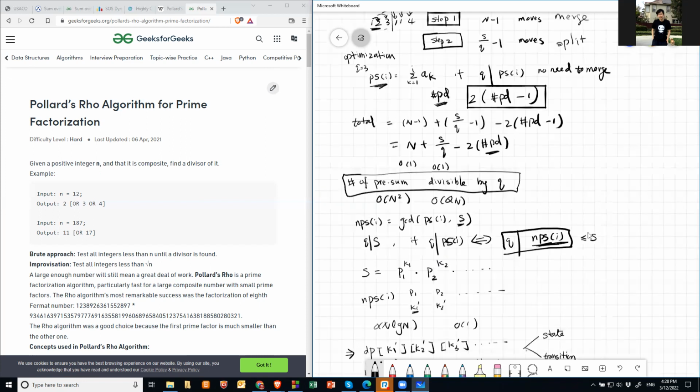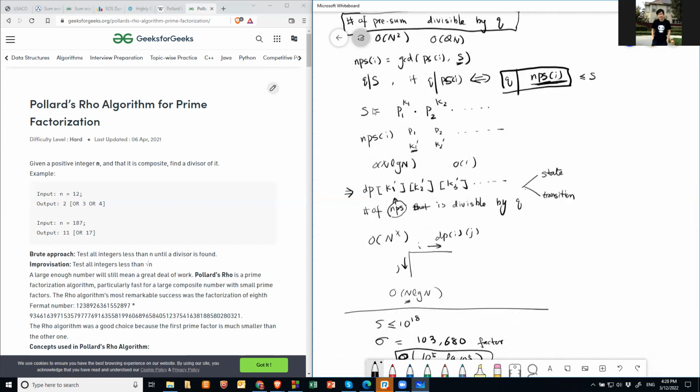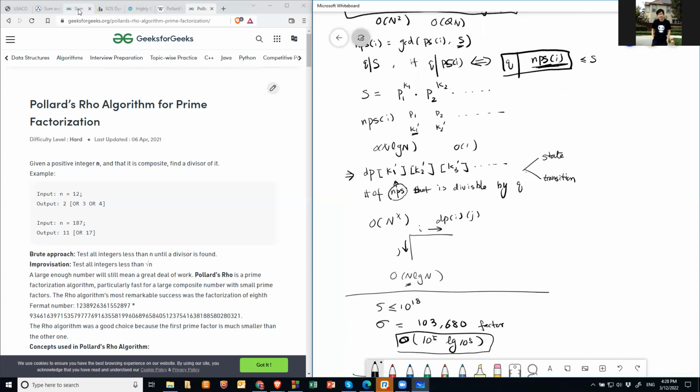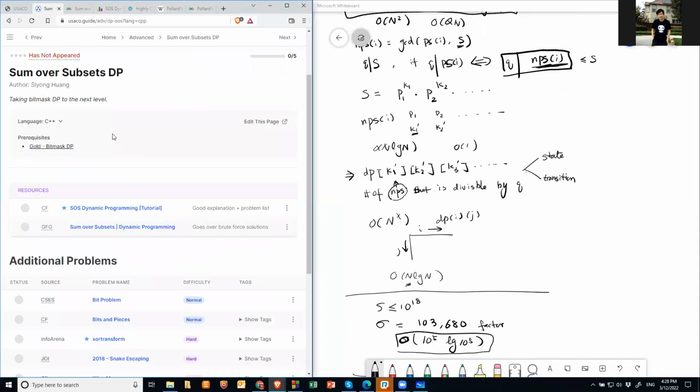And the way we did it is to look at the prime factors of S and use that to describe the state. And the transition is easy, but this calculation, if you just brute force it, is going to take very long. The way to optimize it is to use the sum over subset DP approach, which you should study from Benjamin Qi's USACO guide.